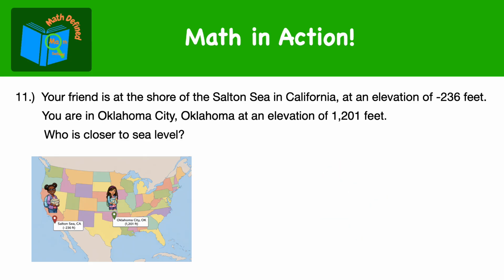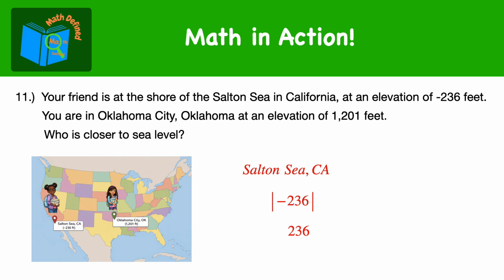All right, to figure out who is closer to sea level, we need to know which elevation is closer to 0 because sea level is at 0 feet. So this question is really asking which number is closer to 0 on a number line. That means we use absolute value. For Salton Sea, we'll find the absolute value of negative 236, which is positive 236.